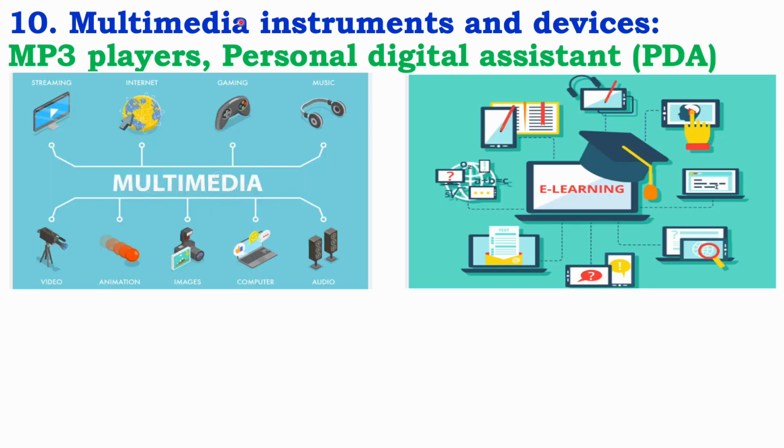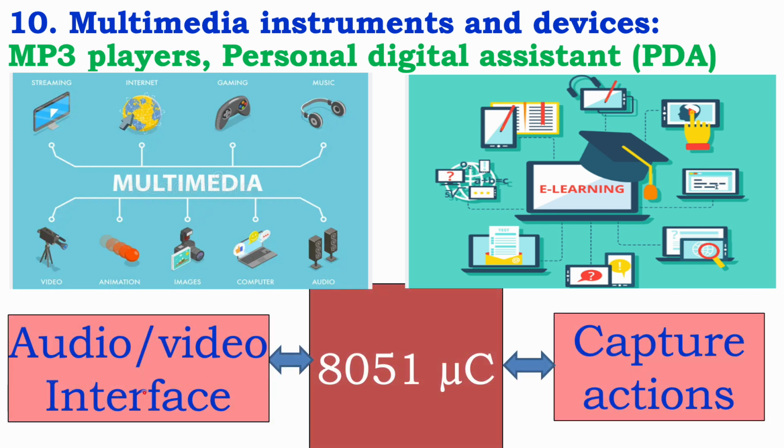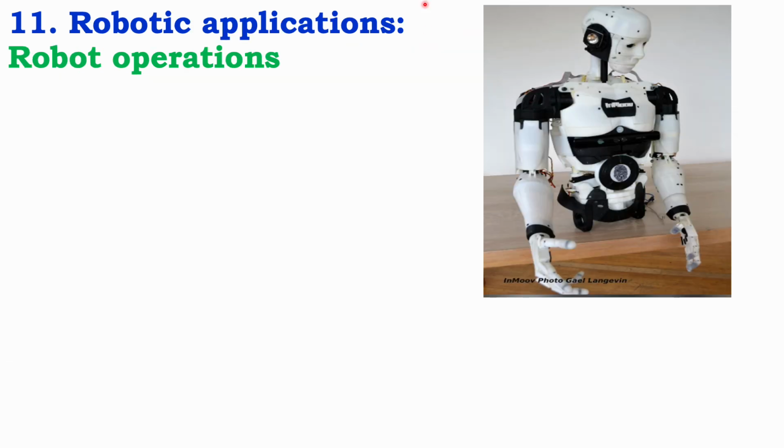Now the 10th one, multimedia instruments and devices. See there, multimedia instruments, MP3 players, personal digital assistants, PDAs. These also work with the 8051 microcontroller, where the audio and video interface can be obtained according to the captured actions of a given PDA device. Now the 11th one, robotic applications, robot operations.